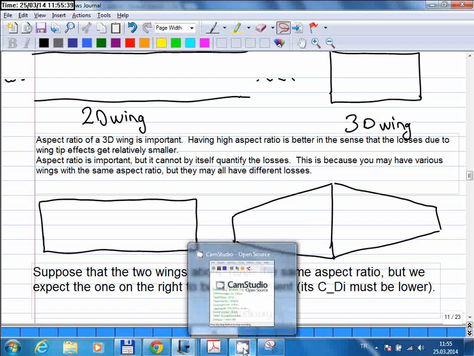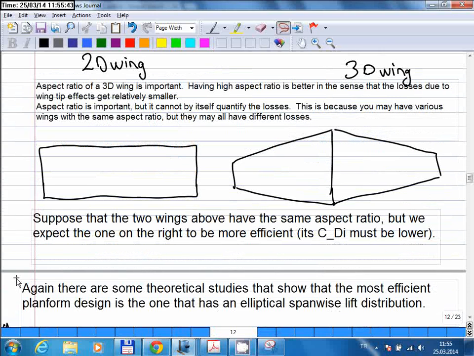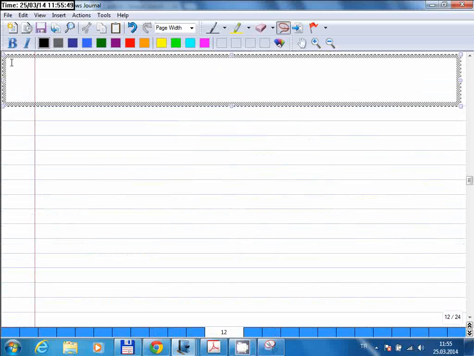So let me add, okay, so we already discussed that high aspect ratio is good for aerodynamic efficiency.